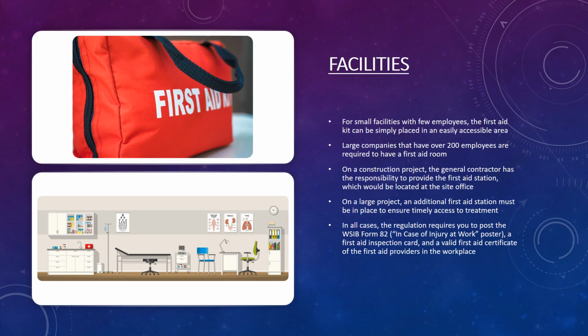In all cases, the regulation requires you to post the WSIB Form 82, In case of injury at work poster, a first aid inspection card, and a valid first aid certificate of the first aid providers in the workplace.